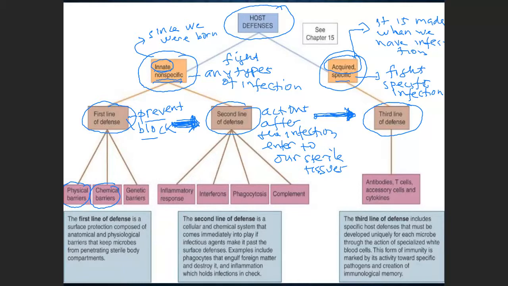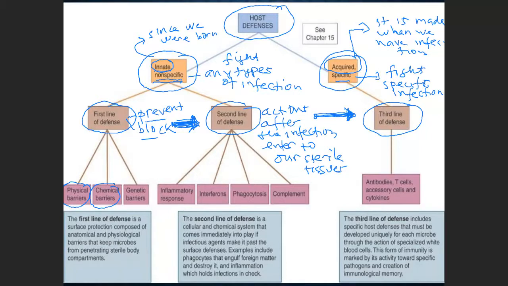Spit, for example, is also a physical barrier. Coughing and sneezing are also physical barriers. Tears that we produce are also physical barriers at the first line of defense. But in the tears themselves, there are chemicals that are able to destroy microorganisms. That becomes the chemical barrier.